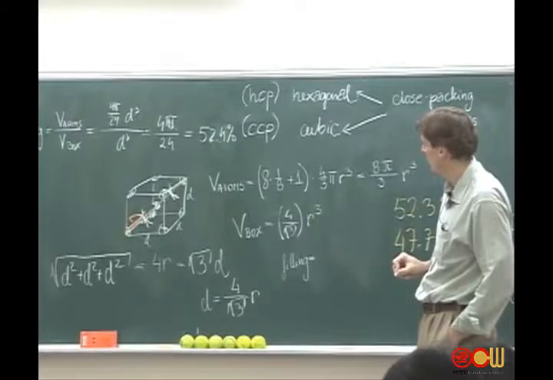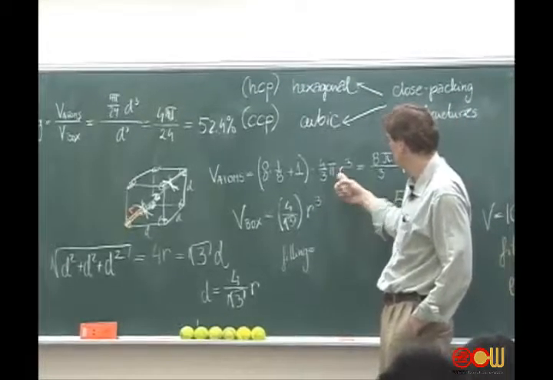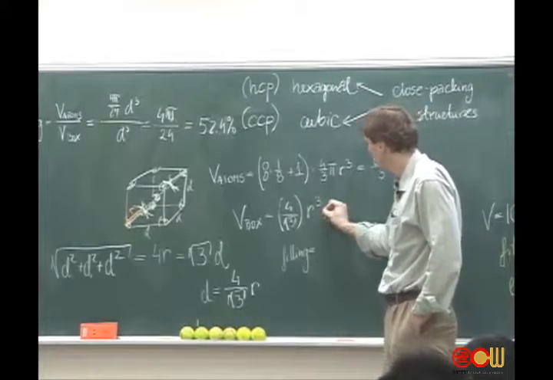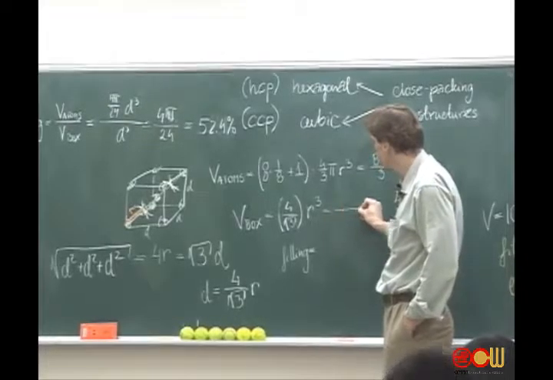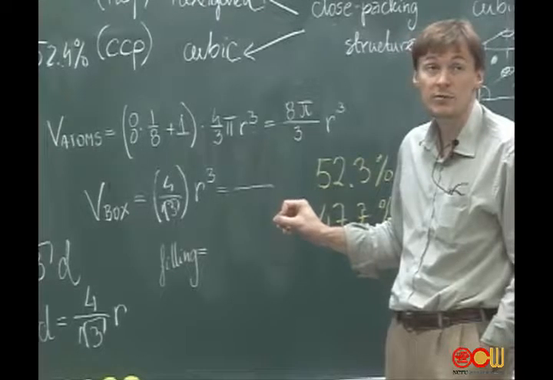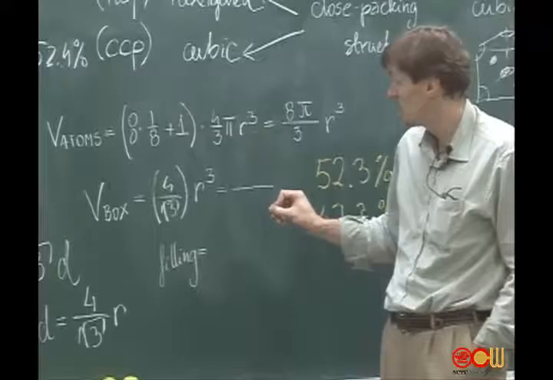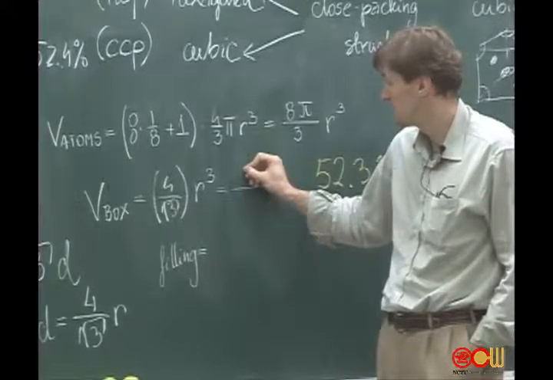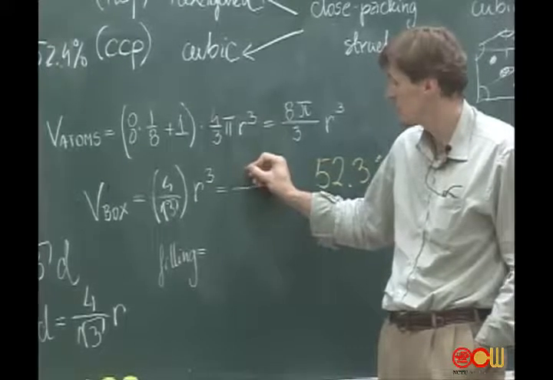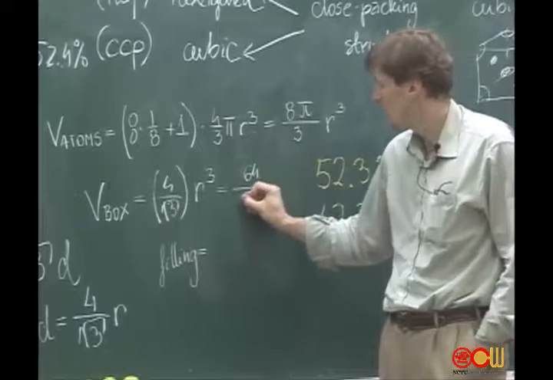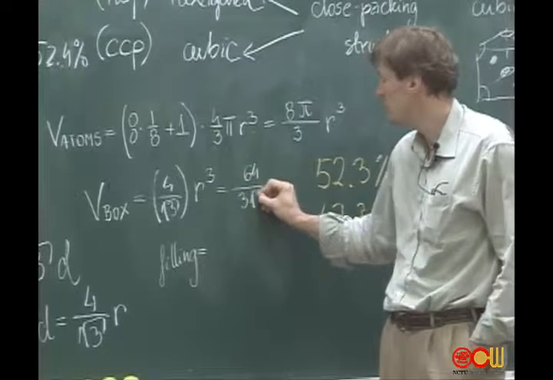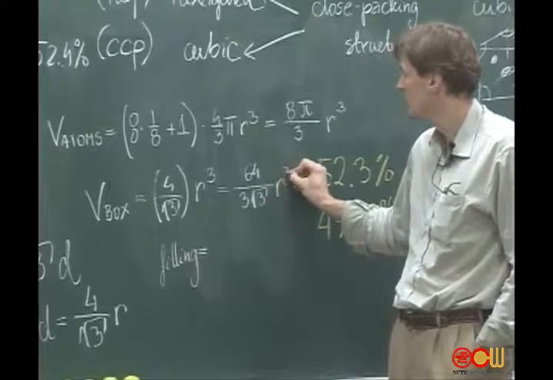Filling would be equal to what? This divided by this. This one can be a bit simplified, I guess. 4 times 4 times 4, 64, divided by 3 square roots of 3 r to the third.